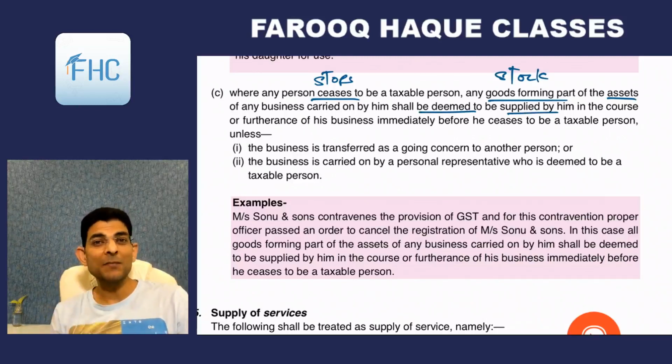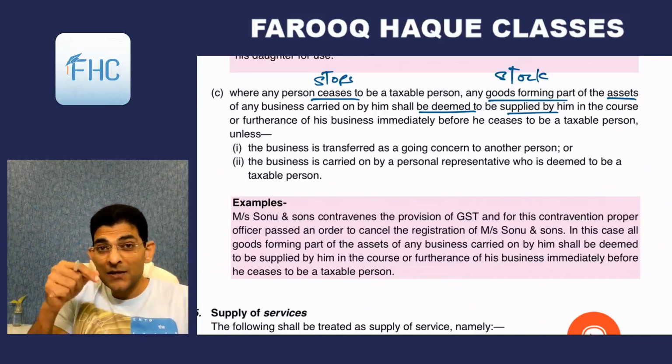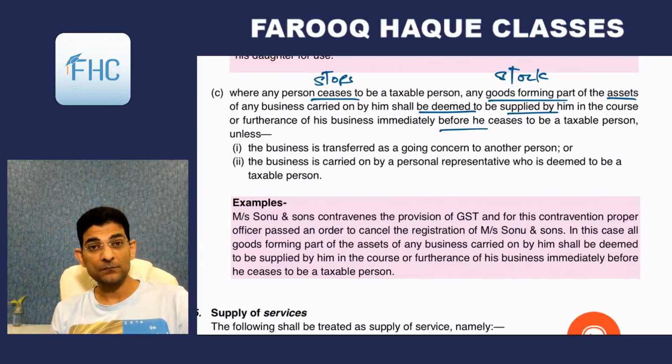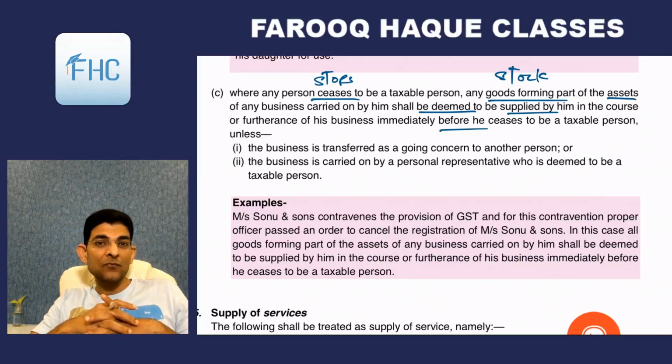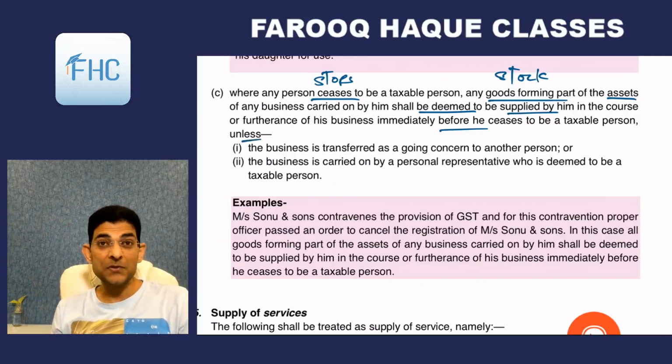So whatever stock remains with me on the day I cease to be a taxable person is deemed to have been transferred, deemed to have been supplied. In the course of furtherance of business, immediately before he ceases to be the taxable person. Means whatever stock I possess at that point of time, I have to pay the tax on that stock, unless there are two exceptions.